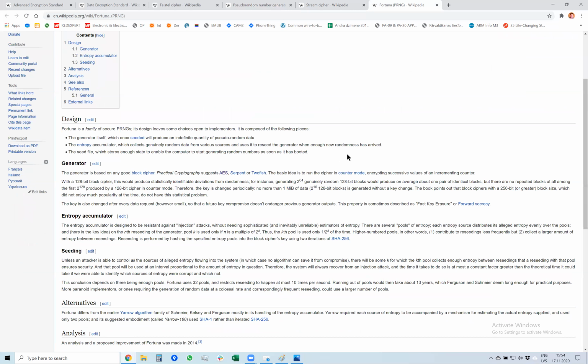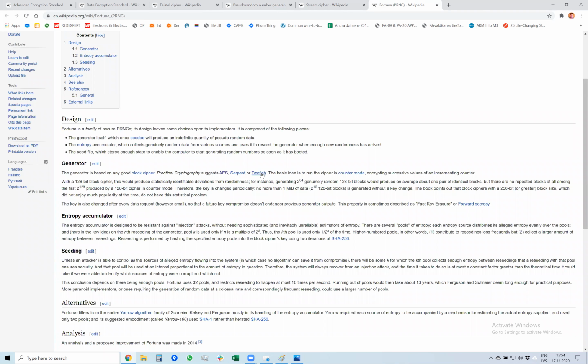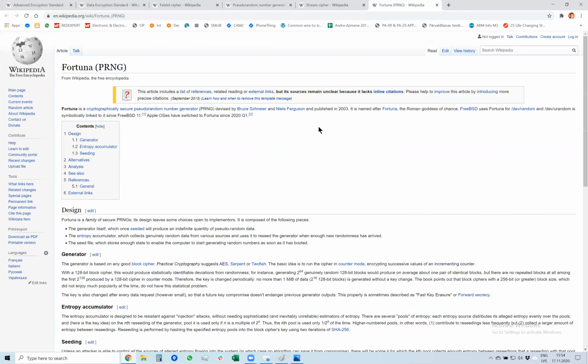Okay, so but I think that this thing is based on block cipher. Let's see.